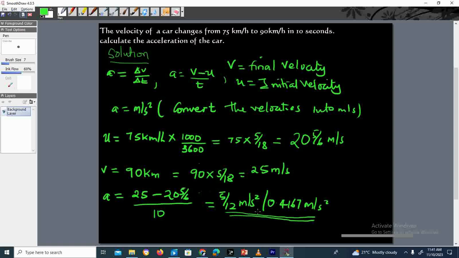Like in this case, the velocity increased from 125 over 6 meters per second to 25 meters per second within the 10 seconds period.